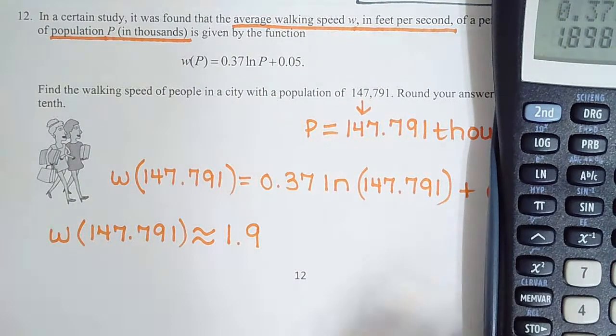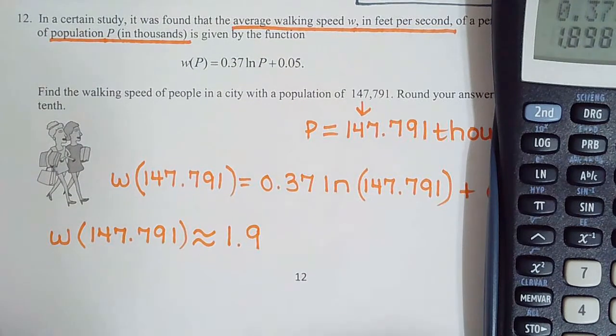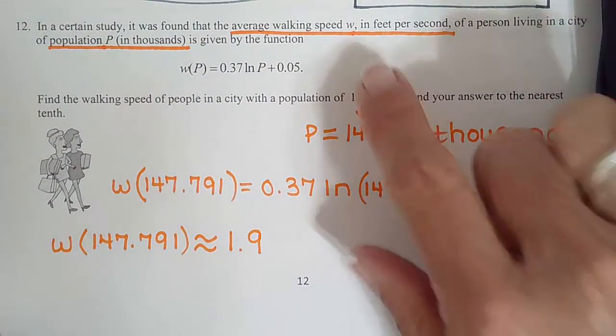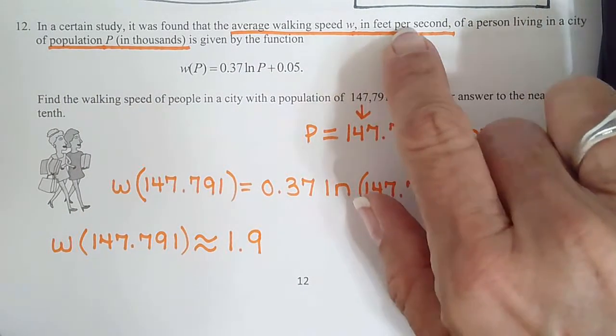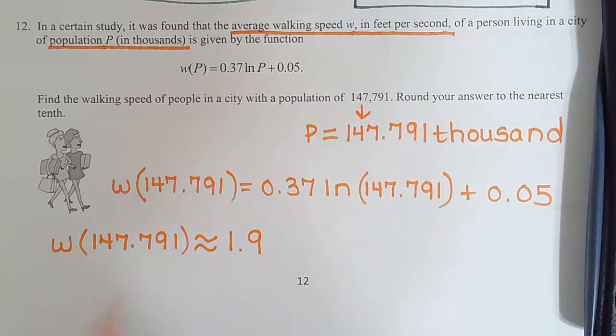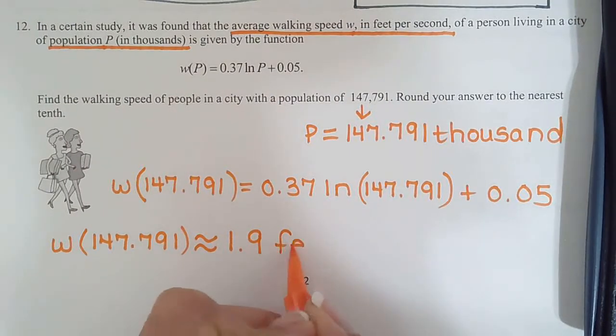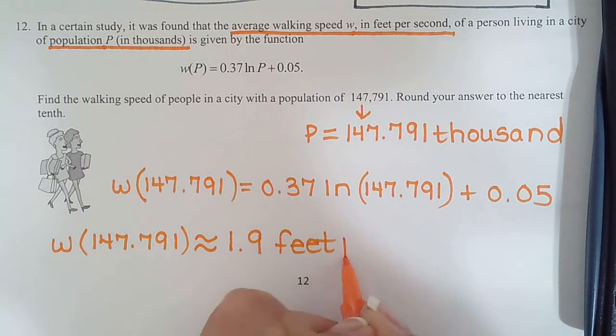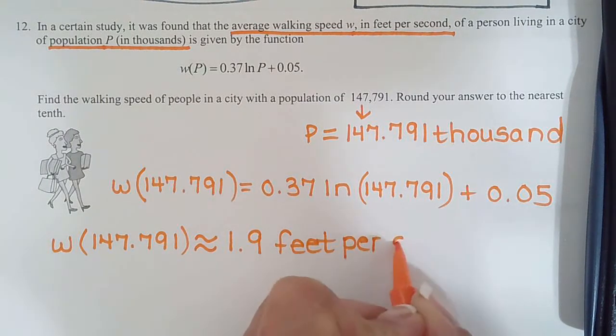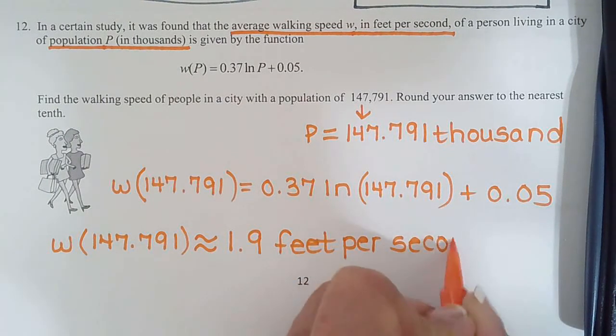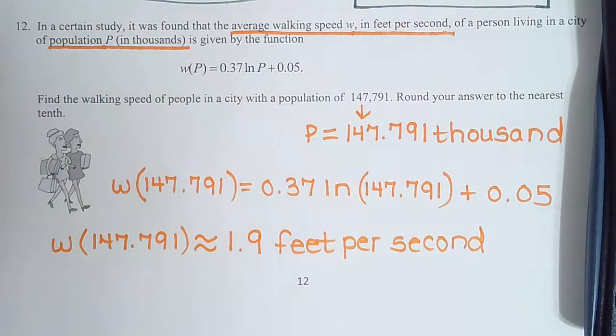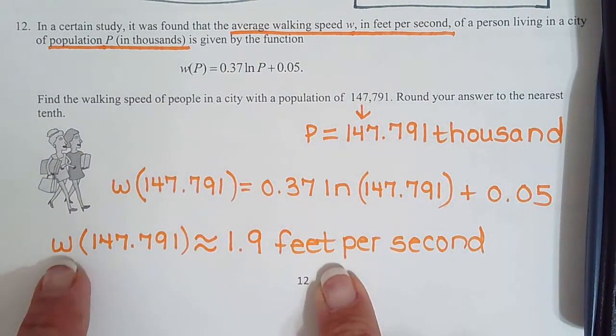And remember, word problems always have to be labeled, so we need to look up and see feet per second. So 1.9 feet per second. And there we have it. Find the walking speed. That's what we found.